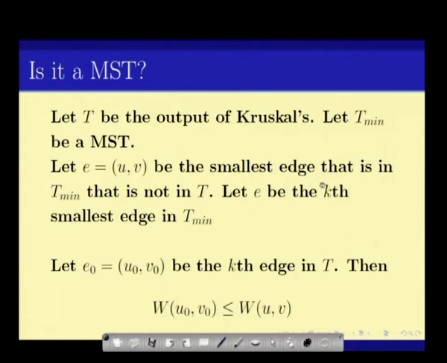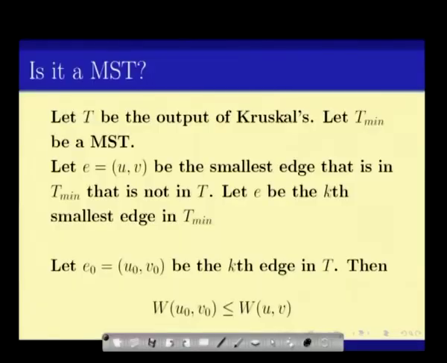So, at the kth edge the algorithm has picked up an edge, and that was a mistake. Can that be a mistake? That is the question. If that is a mistake, it means that the weight of u naught v naught must be less than or equal to the weight of u v, because E was the first smallest edge that is in T min and not in T. At the kth stage, when we are looking at u naught v naught, if the weight of u v was less than that of u naught v naught, then Kruskal's algorithm would have picked up u v.